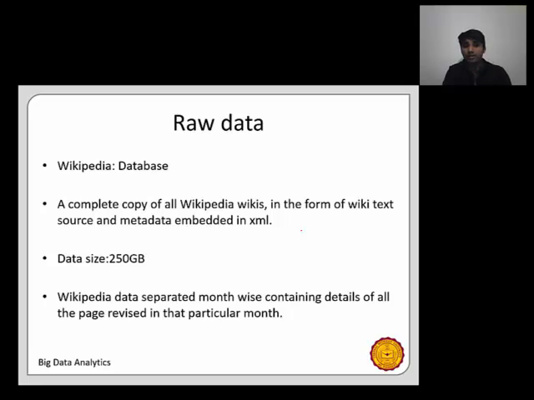The size of the whole dataset is 250 GB. We have five different files, and each file contains 50 GB of data after being unzipped. Before compressing and before unzipping, it was 11 GB.